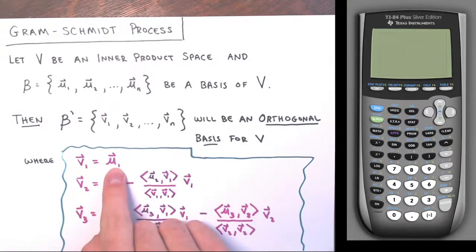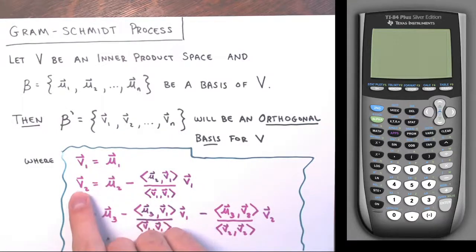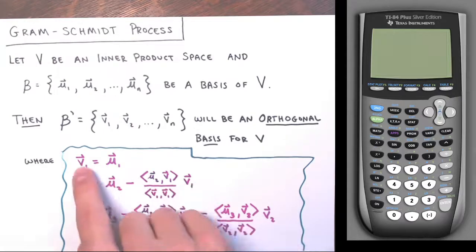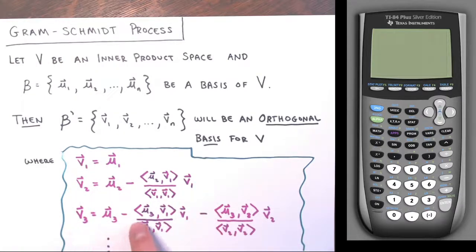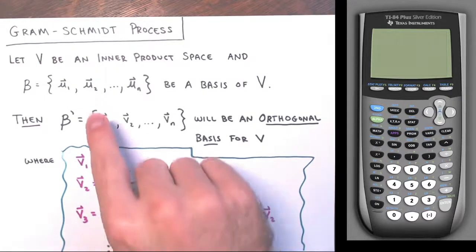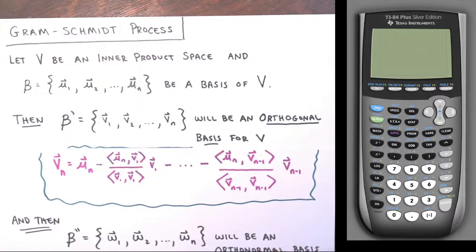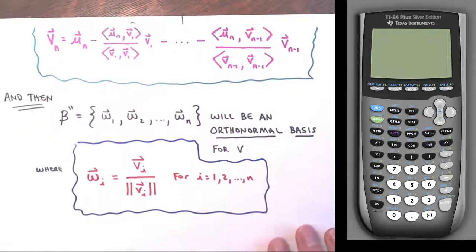Let V1 be the first basis vector, V2 be the second basis vector of the original basis minus the projection onto V1. V3 equals the third basis vector U3 minus its projection onto V1 and minus its projection onto V2. And then this just keeps going. That subtraction of projections. And then for an orthonormal basis, you just take your orthogonal basis and normalize all the vectors.